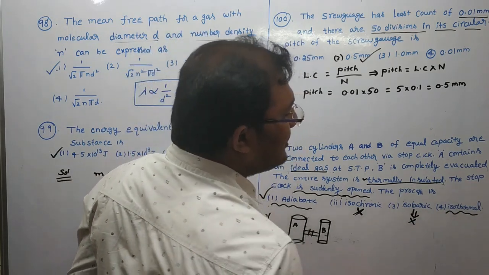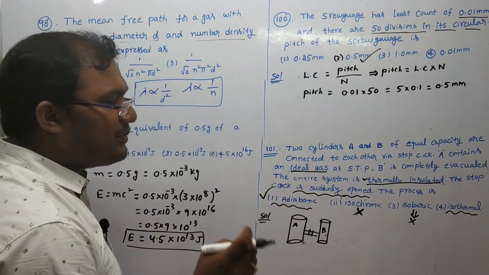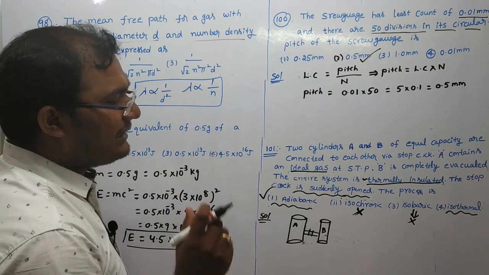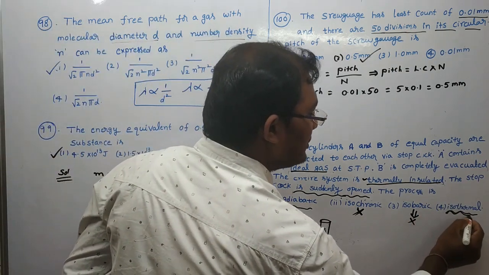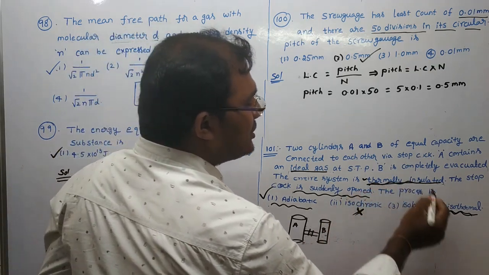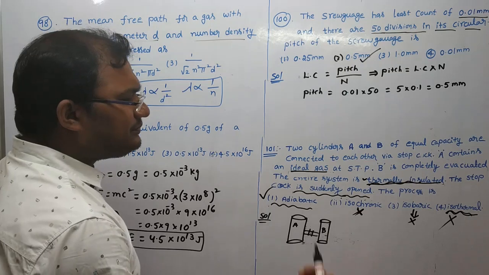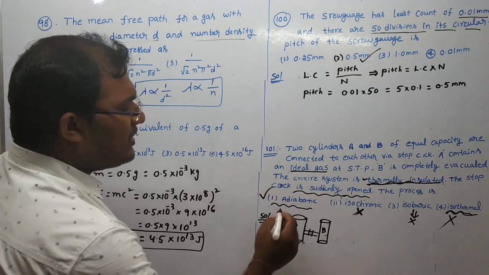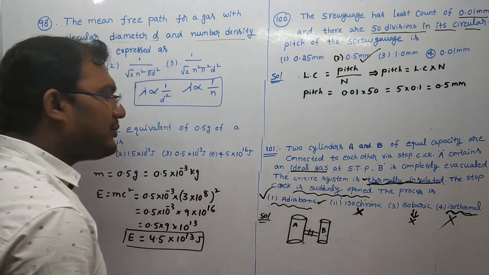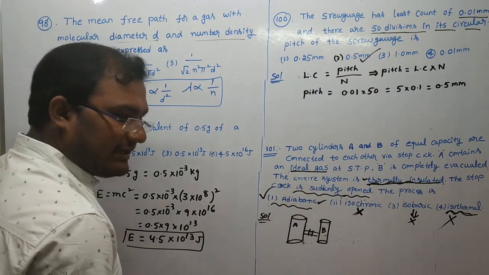Isothermal process: for isothermal process, the walls of the containers should be purely conductive. So here walls of the containers are thermally insulated, so this option is also not correct. Our required conditions are obeyed by the adiabatic process. For this question, the suitable answer is adiabatic process.